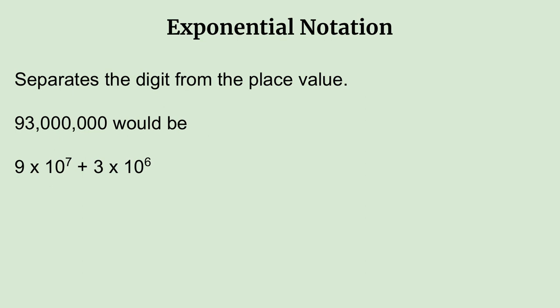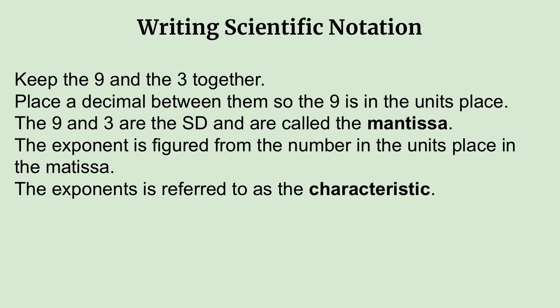We would write 93 million as 9 times 10 to the 7th, which means there are 7 place values after the 9, plus 3 times 10 to the 6th, which means there are 6 place values after the 3. That is exponential notation, which can help us understand scientific notation. So for scientific notation, we're going to keep looking at that 93 million.